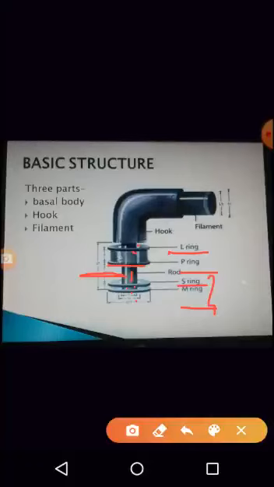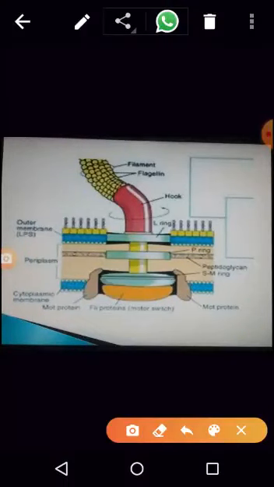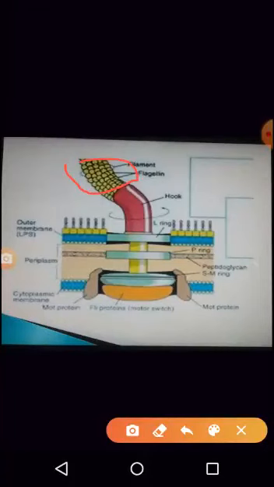Now I can show you the different parts of the flagella here. If you see this picture, you can see the filament. I told you the filament is made up of a protein, the flagellin protein, a globular protein. This is the hook and this is the part which can be seen outside. Now when we see the embedded basal body, you can see the outermost ring here, and here you can see the outer membrane.